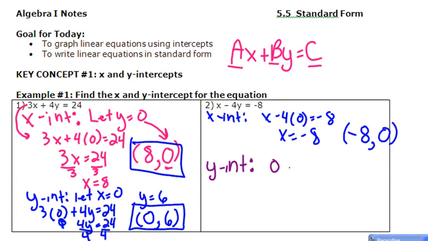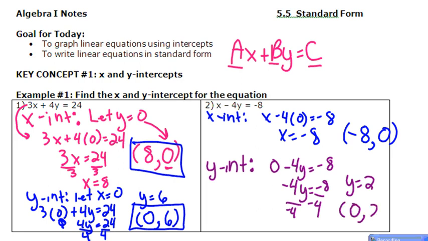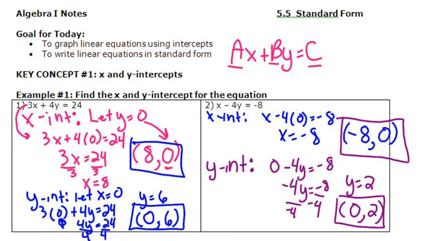So I have 0 minus 4y equals negative 8. Well, 0 just cancels out, so I'm left with negative 4y equals negative 8. I divide by negative 4. Negative 8 divided by negative 4 is positive 2. So I get y equals 2. So that means my y-intercept is 0, 2. So my x-intercept is negative 8, 0. My y-intercept is 0, 2. So that is how you algebraically figure out what your x and your y intercepts are.